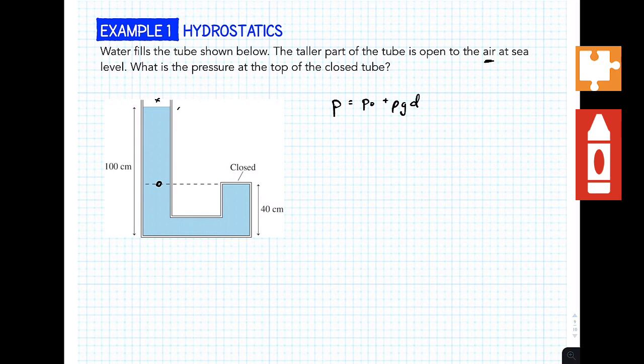And our depth here, d, is going to be 100 centimeters, which is this here, minus 40 centimeters, which is this here, and that's going to give us 60 centimeters.